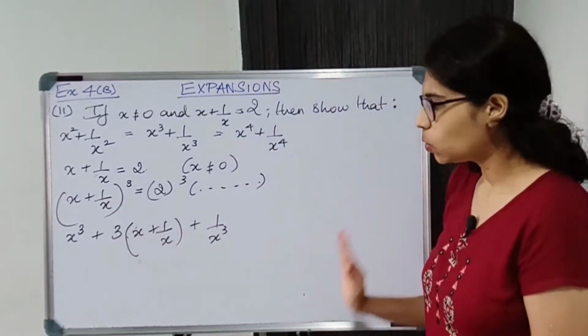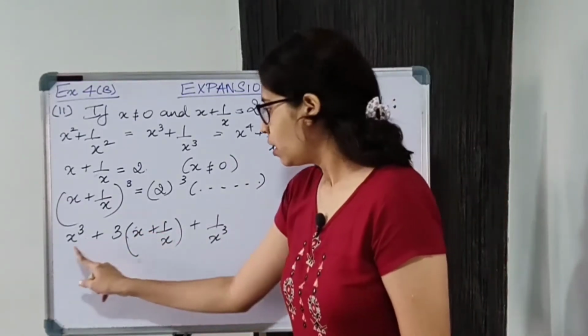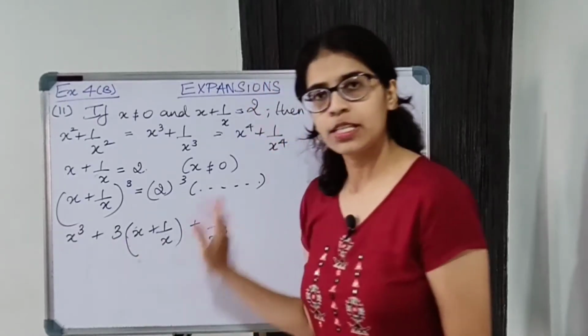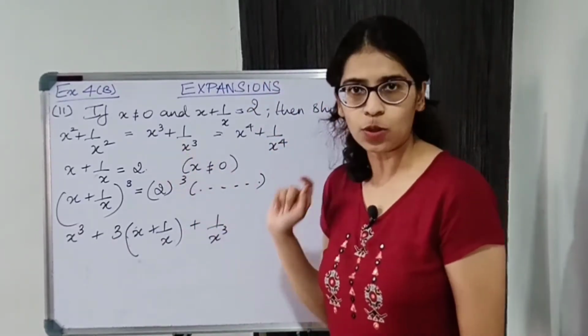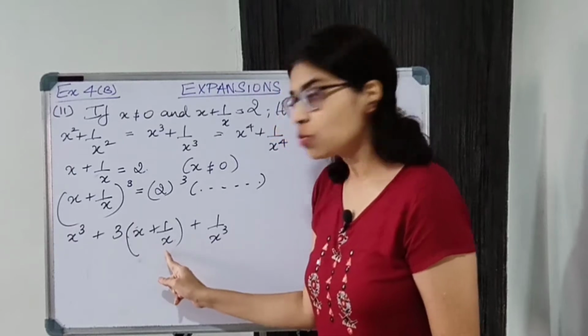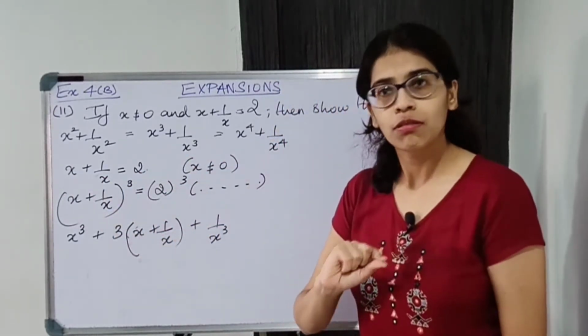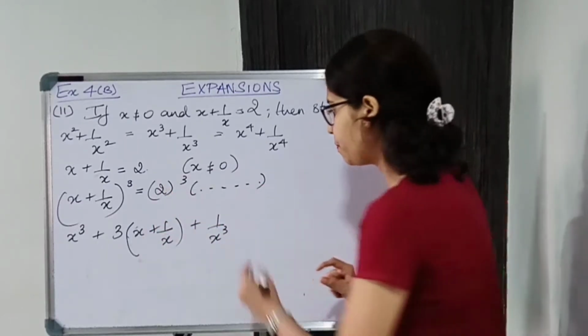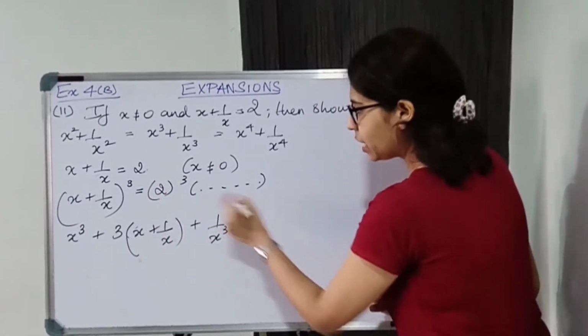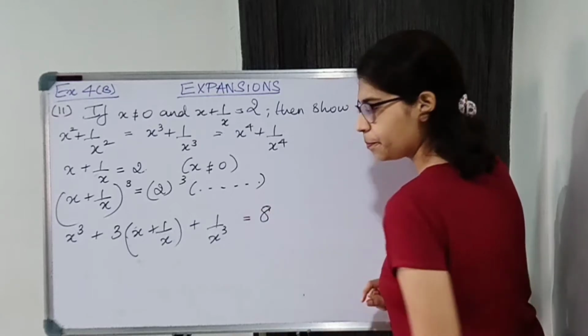Now x cube and 1 upon x cube I'll keep as it is because I need the value. In 3 into x plus 1 upon x, x plus 1 upon x is nothing but 2, so I'll substitute the value. On the RHS, I forgot to write RHS, 2 cube is 8.